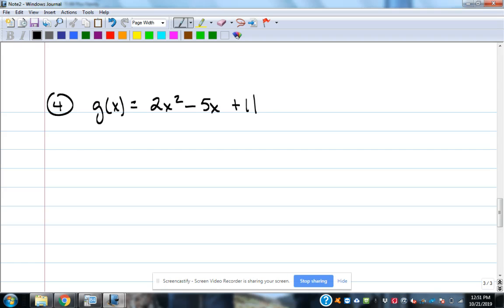On the last couple we've done, these two numbers had something in common, so that's what we were pulling out. When you separate the 2x squared minus 5x, and then the plus 11 over here, you're pulling out a 2 because it's the number in front of x squared. What's left right here? Negative 5 over 2. Good.